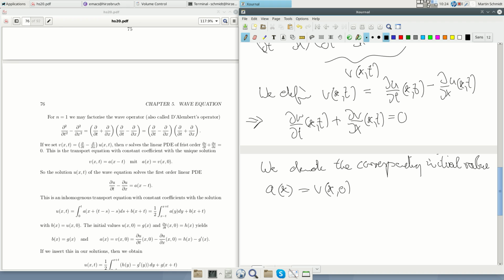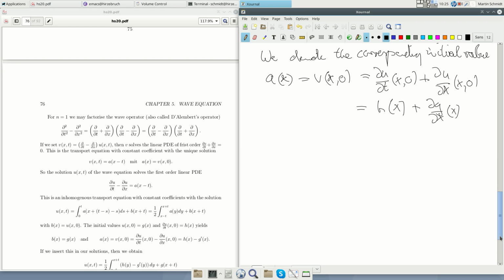By this formula, this is du by dt of x0 plus du by dx of x0, and this is then h of x plus dg by dx. We may also write this as g prime, because g is a function only depending on one variable.